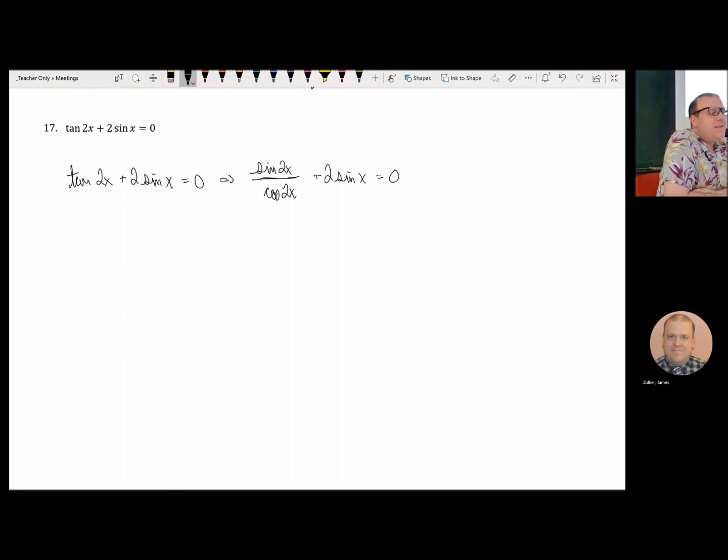It's going to make an unnecessary mess. Right, write it as sine over cosine.